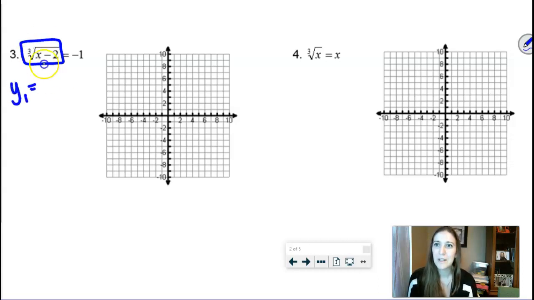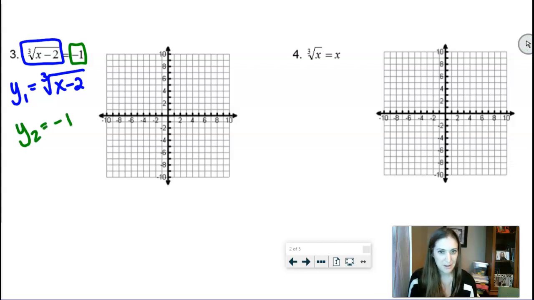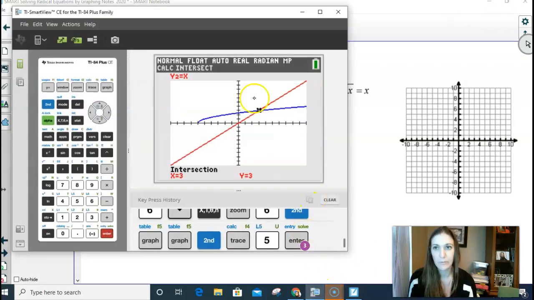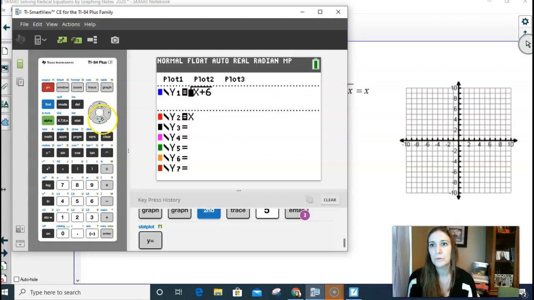So in y1, I'm going to graph the cube root of x minus 2. And then in y2, I'm going to graph negative 1. Pretty boring line. And here we go, calculator time. So I already forgot what it was.